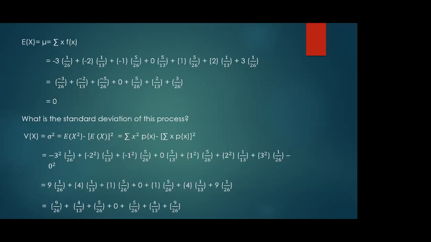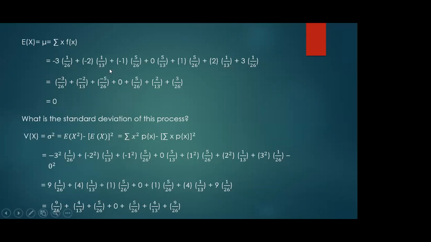All right, then the values came out as -3 divided by 26 plus -2 divided by 13 plus -5 divided by 26 plus 0. But what you guys realize is that for every positive value, we have a negative value that coincides with it.